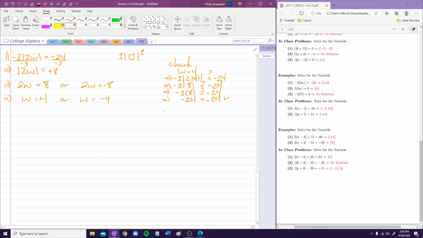Now I want to check w equals -4. So I have -3 times the absolute value of 2 times -4. Does this equal -24? 2 times -4 is -8, and the absolute value of -8 is +8, so I'm left with -3 times 8.